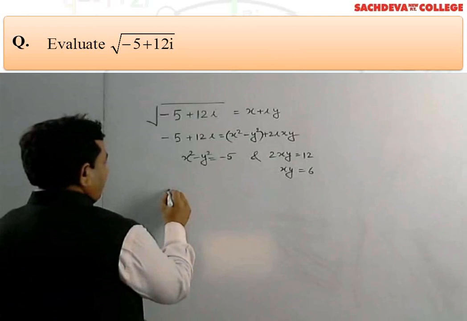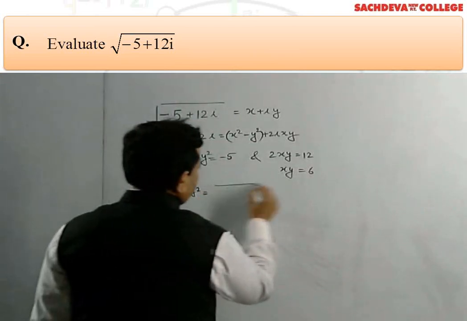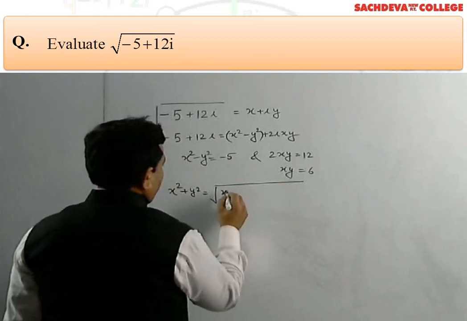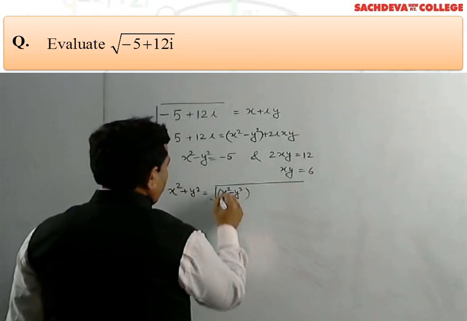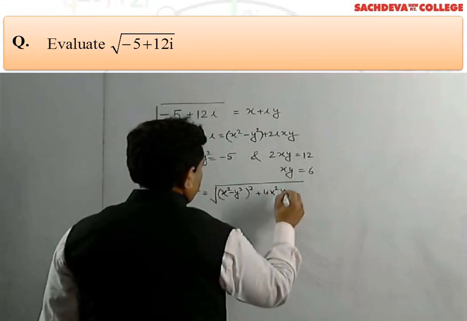Using the formula, x square plus y square is equal to under root of x square minus y square whole square plus 4x square y square.